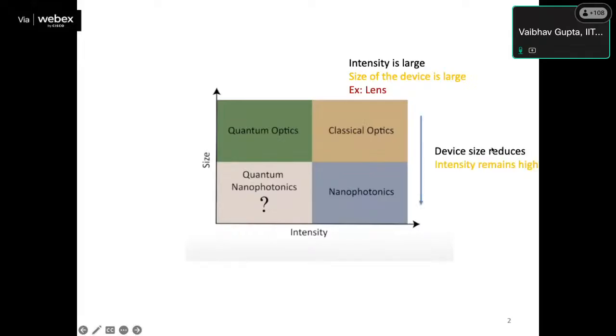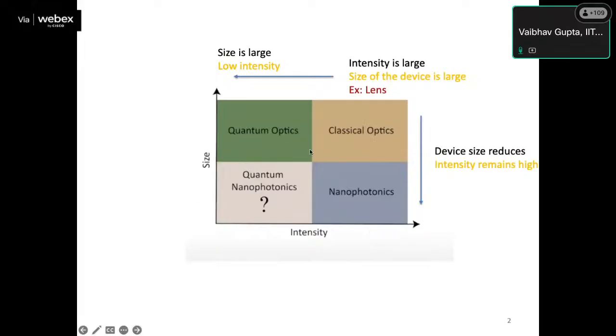Another domain is nanophotonics, where we have lower size, but intensity remains high. For example, plasmonic nanoparticles. They are smaller in size, but we deal with normal light. Then comes quantum optics, where the intensity of light reduces drastically, but sizes still remain bigger.